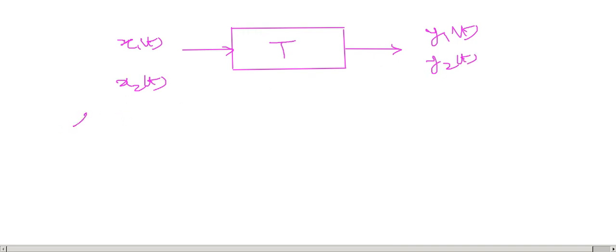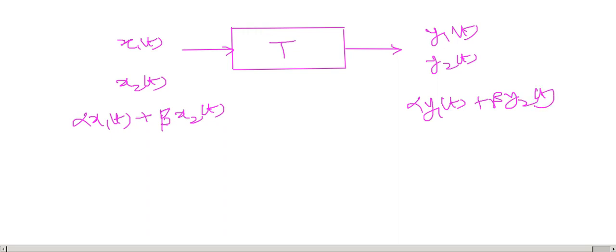Then if we apply the linear combination of these signals, alpha x1(t) plus beta x2(t), where alpha and beta are some constants, then the system should produce the output alpha y1(t) plus beta y2(t).